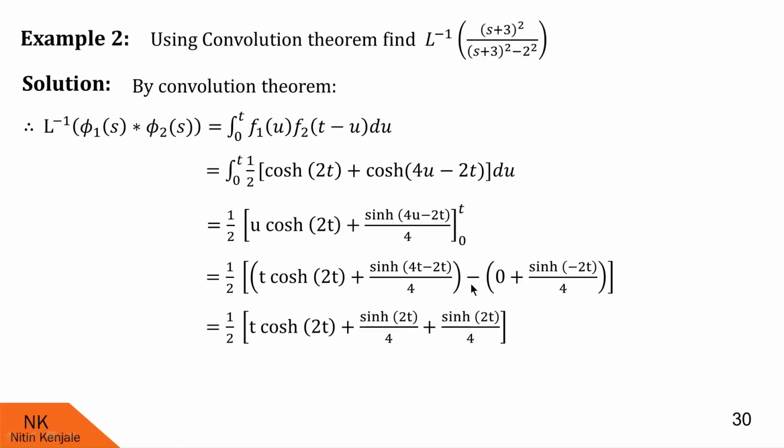So that minus and this minus is going to be plus here. Sin h 2t by 4 plus sin h 2t by 4 is 2 times sin h 2t by 4, that is sin h 2t by 2. This term as it is. So we declare that this is L inverse of the given function. And this answer is obtained using the convolution theorem. Now let's go for the next example.